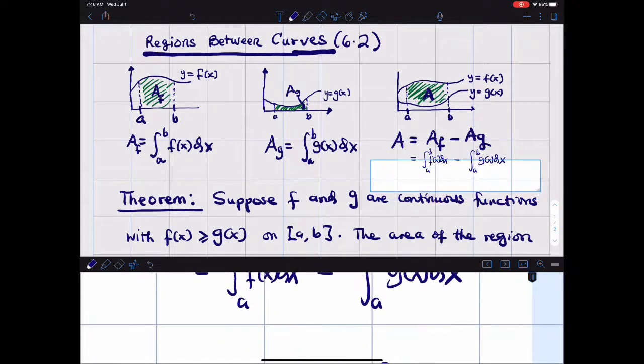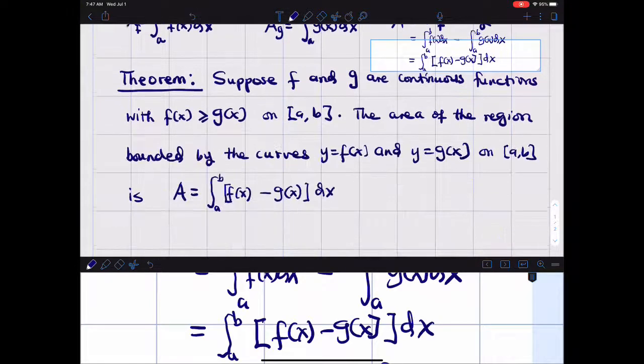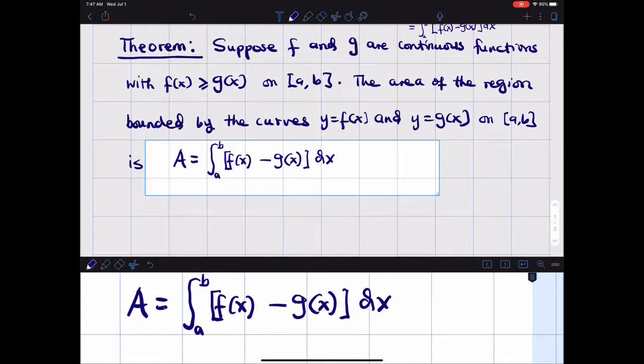So this can easily simplify to the integral from a to b of f of x minus g of x dx. So that is how we got this, right?